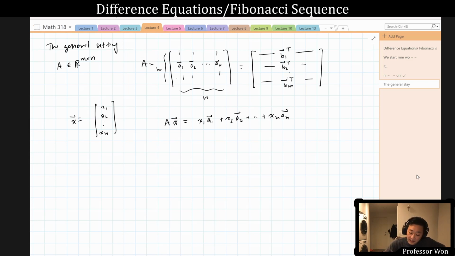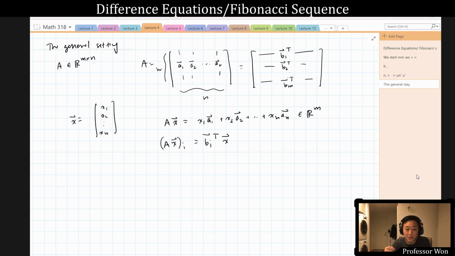Okay, another thing that's very useful is, so this thing is a vector in Rm, as it should be, because the matrix is m tall. If you want to understand the ith coordinate of the vector, it turns out that this is the same thing as the ith row multiplied by the vector x, which is exactly how you compute the product.